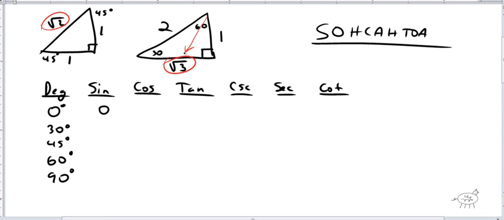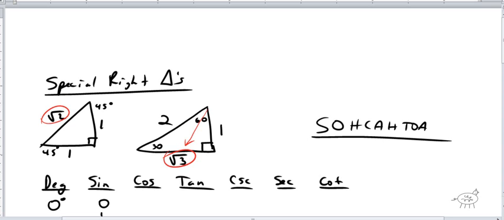It's opposite over hypotenuse, so 1 over 2. Sine of 45, we go with the 45 triangle, so opposite over hypotenuse. So it's 1 over root 2, and I'm just going to rationalize it so we don't mess up our chart. 1 over root 2 rationalizes to root 2 over 2. It's kind of messy.